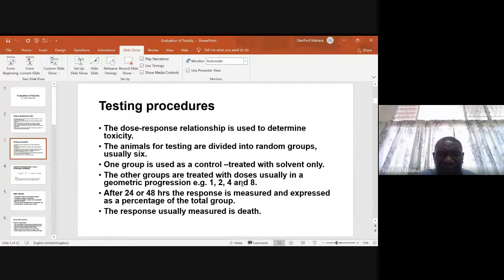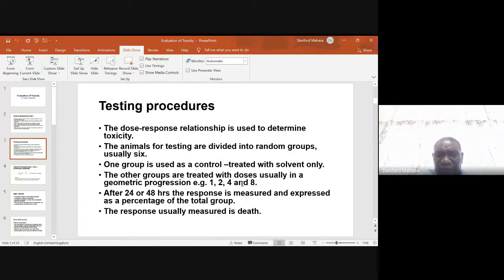After 24 or 48 hours, the response is measured and expressed as a percentage of the total group. As I have said, this can be cruel to animals. The response is usually measured as probably death percentage.